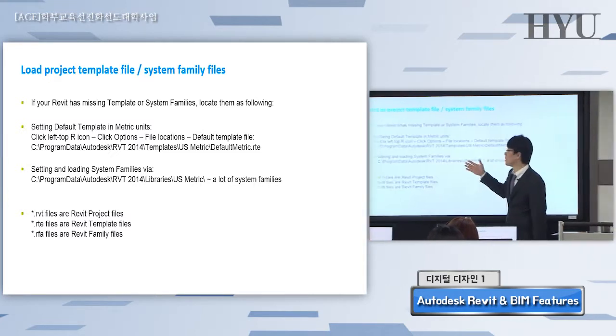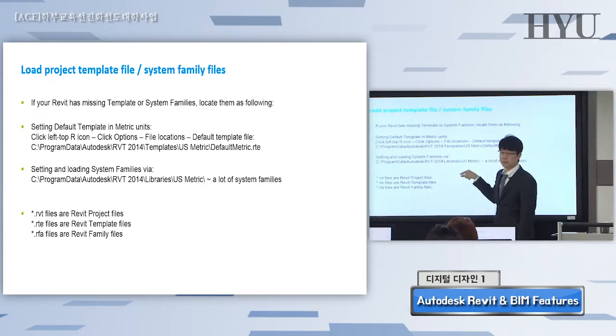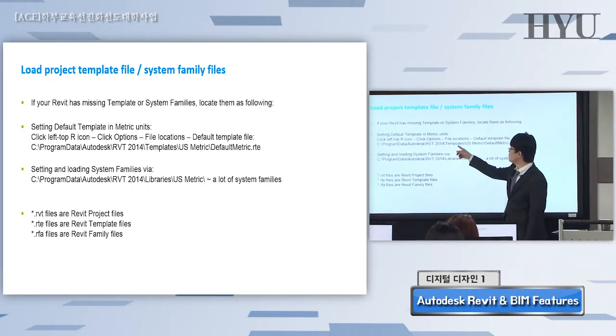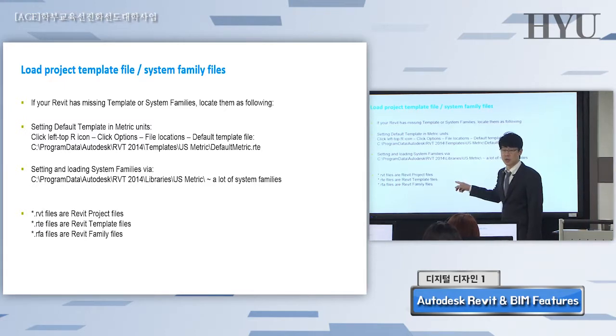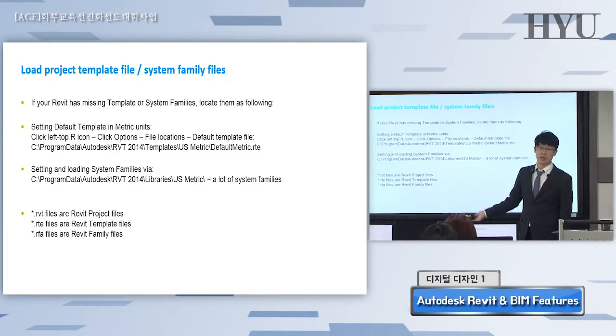So we can take advantage of those predefined objects. So we're gonna use this template, US metric template, and a number of libraries on the US metric or on the Korea standard, okay? On the Korea standard, you can find that object names are in Korean. 벽체, 창문, 보, something like that, okay?